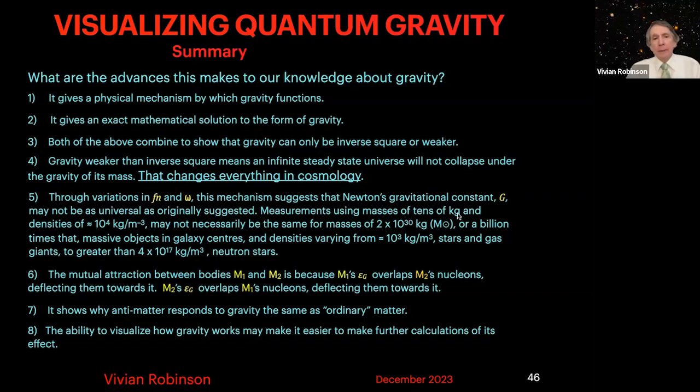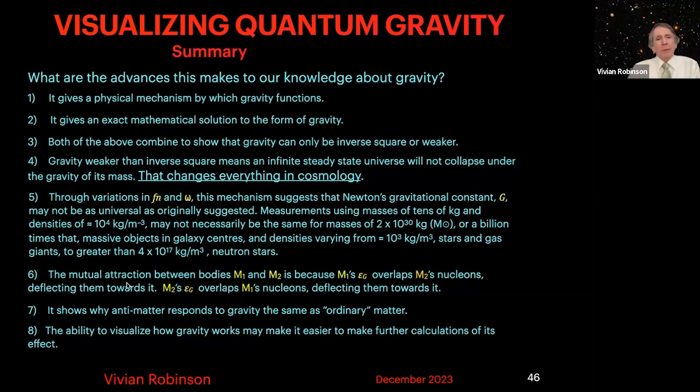Measurements using masses of tens of kilograms and densities of approximately 10^4 kilograms per cubic meter may not necessarily be the same for masses of 2 times 10^30 kilograms, which is that of the sun, or 1 billion times that, if they're the massive objects at galaxy centers, and densities varying from 10^3 kilograms per cubic meter of stars and gas giants to greater than 4 times 10^17 kilograms per cubic meter for neutron stars. However, that Newton introduced G was a great advance for his era, and he really was brilliant.